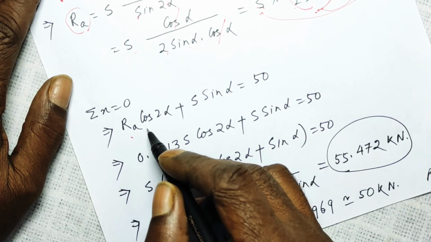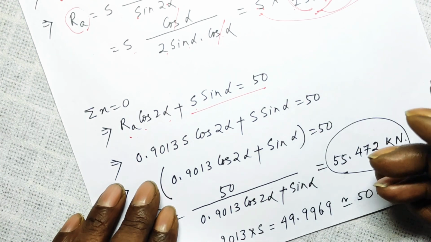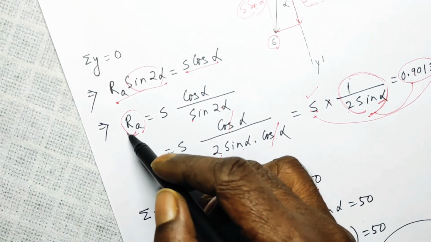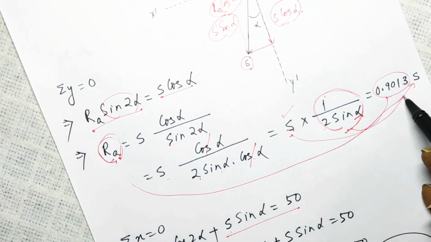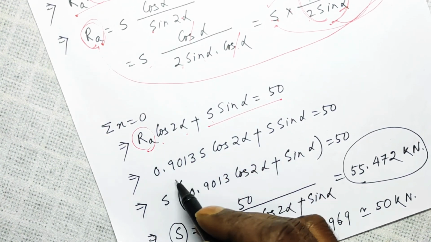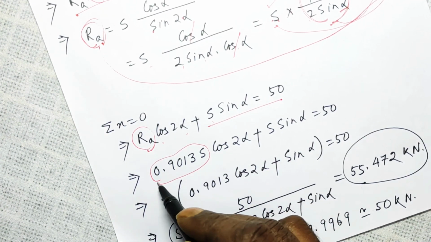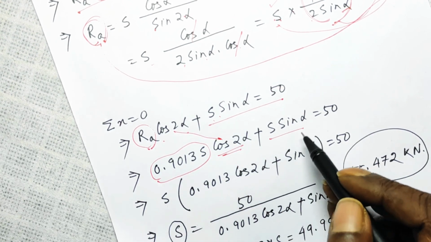So RA times cos 2 alpha is S times sin alpha. Now since we have found out RA in terms of S, substitute that here. Substitute RA, that is this much. So cos 2 alpha remains like this, S times sin alpha.